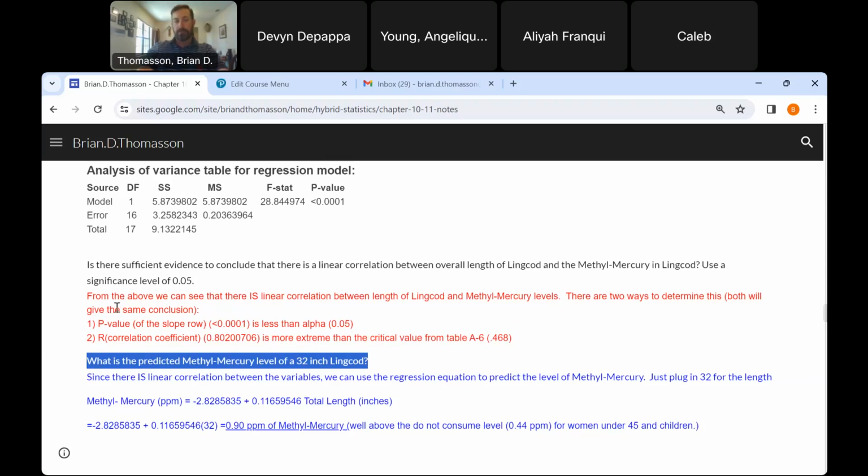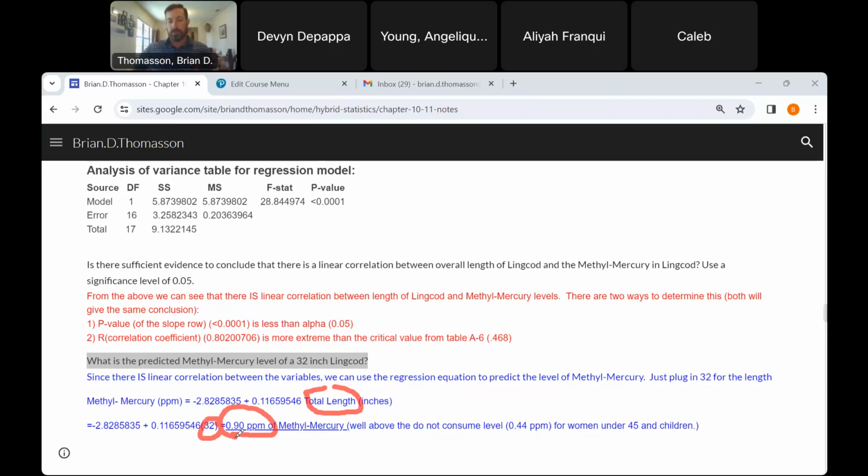So if we plug in 32 inches for our length, we take 32 times the 0.1165, and then subtract the 2.82, and we get an estimate of 0.90 parts per million of methylmercury. So that's well above what women and children are supposed to eat.